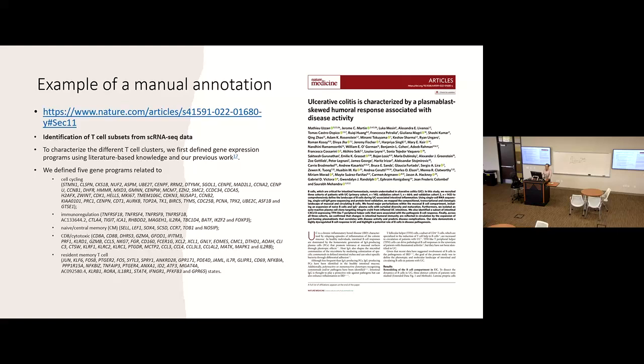This is a paper I use as an example study, published in Nature Medicine. This is an example of using manual annotation. I think they do not rely on any trained model to do the prediction.